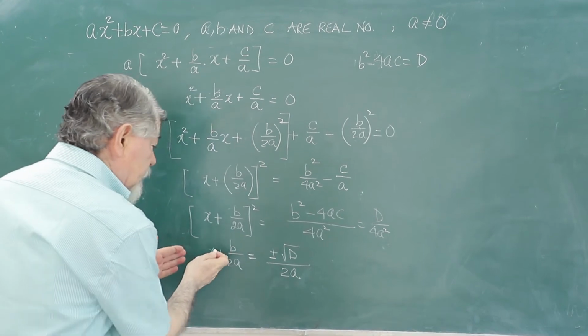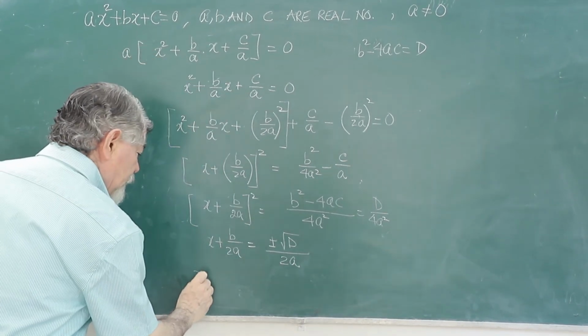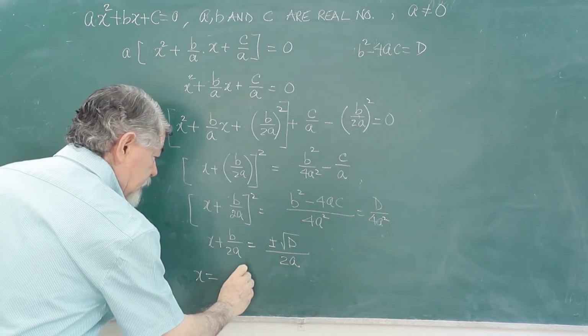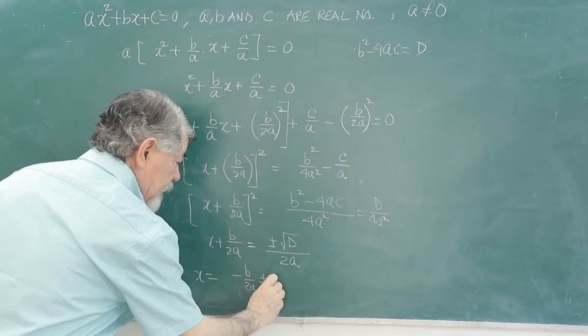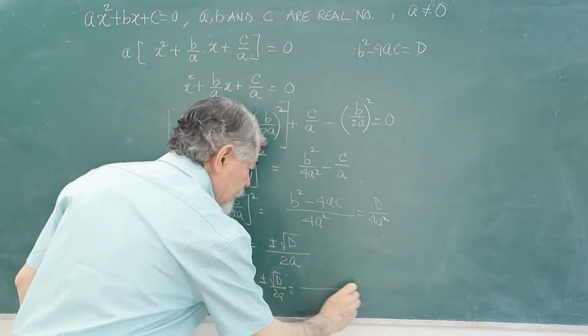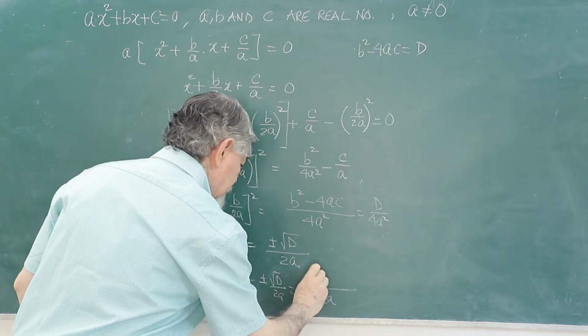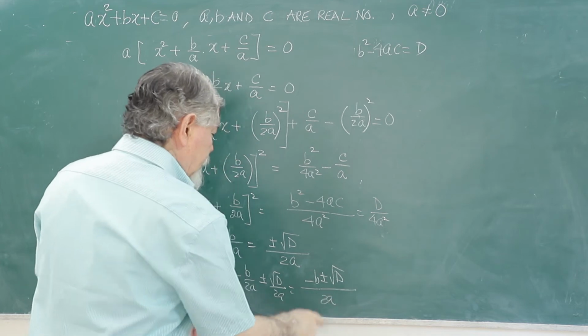Now I want to calculate the value of x. So x will be equal to minus b upon 2a plus minus under root D upon 2a. That means 2a is your LCM, it will come as minus b plus minus under root D upon 2a.